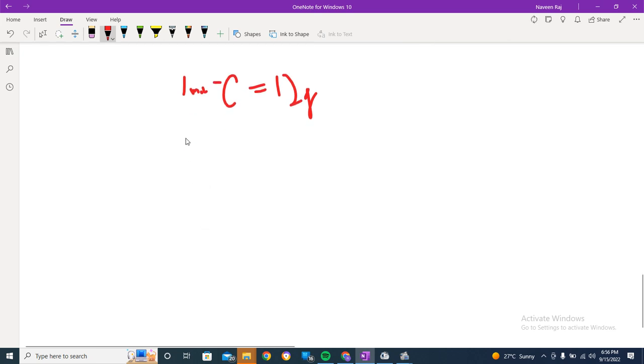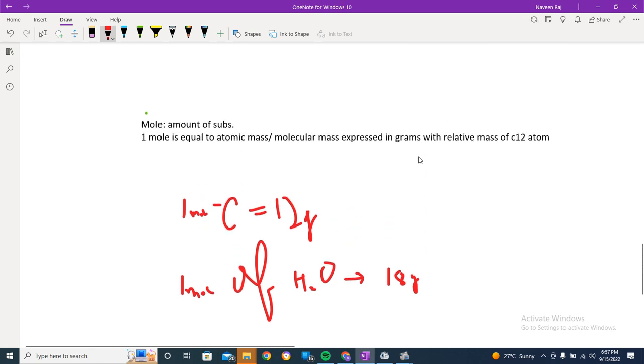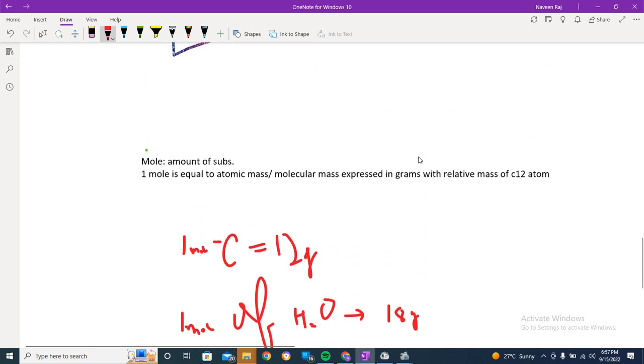In the same way, for 1 mole of H2O we take the molecular mass, 16 plus 2, that is 18. So 18 gram of water is equal to 1 mole of water. Relative to the C12 atom, 12 gram of carbon is 1 mole of substance, and that can be 0.012 kg as well.